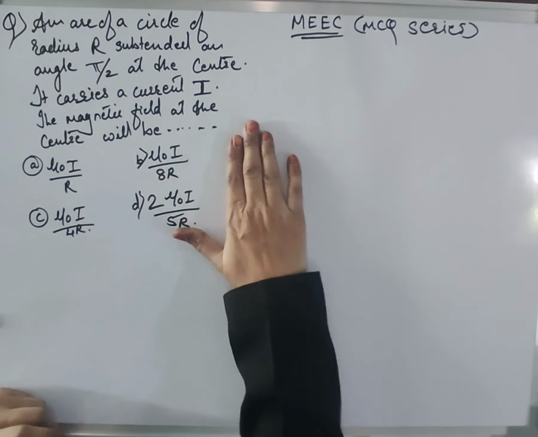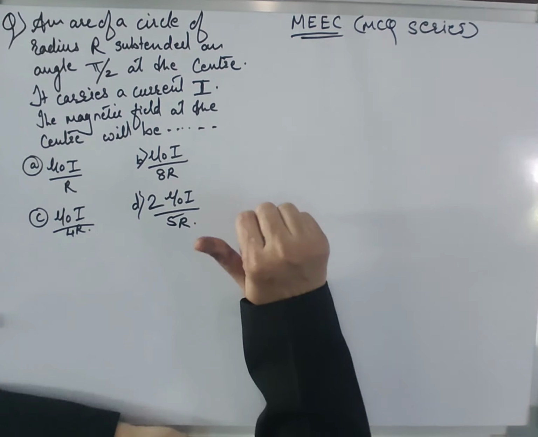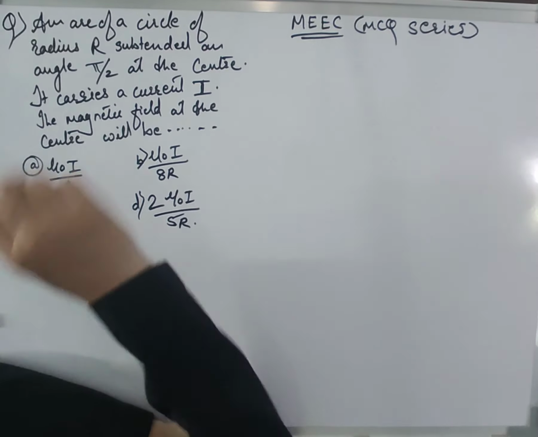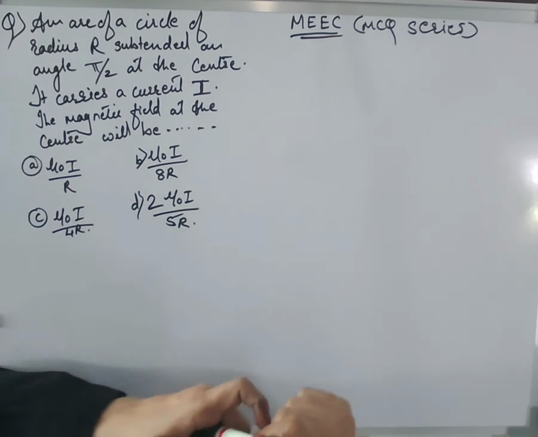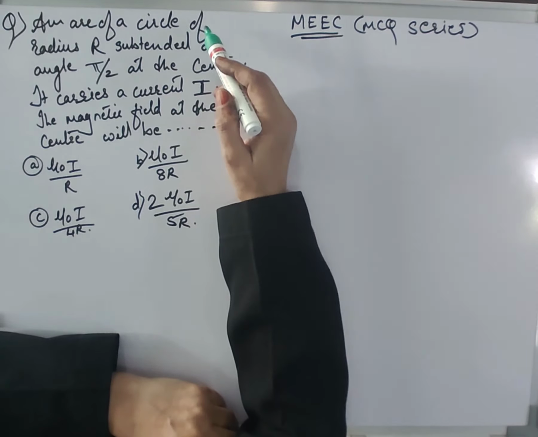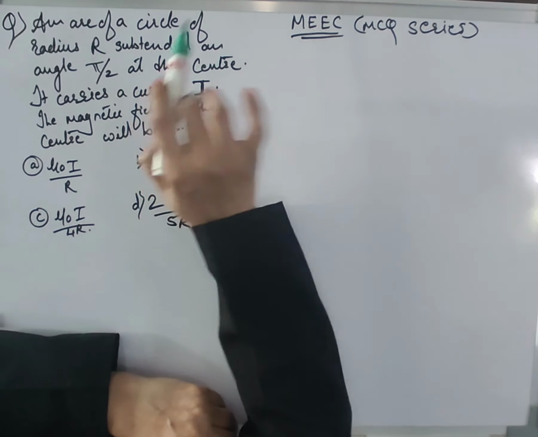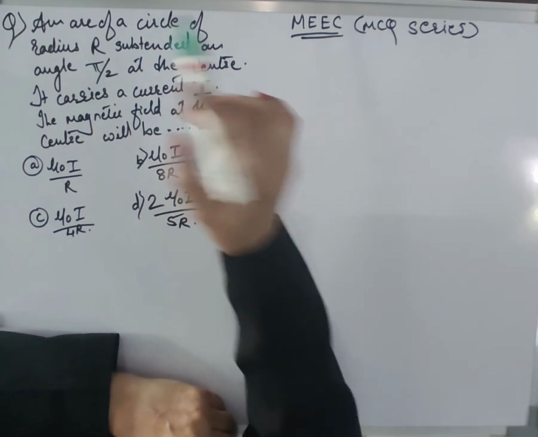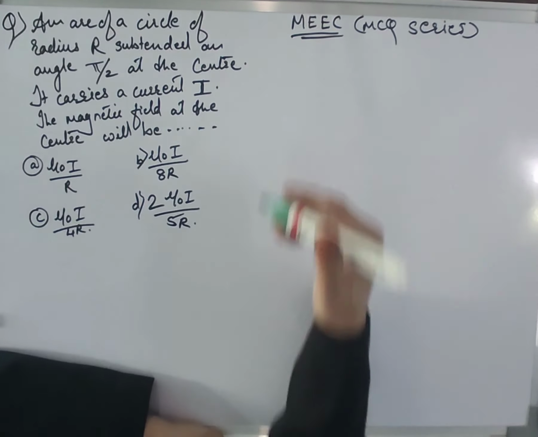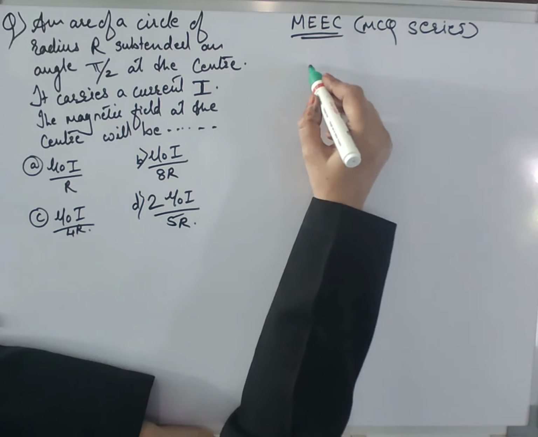So this is my fourth video on this MCQ. Our question says that an arc of a circle of radius r subtends an angle pi by 2 at the center. Everybody knows what an arc of a circle means.